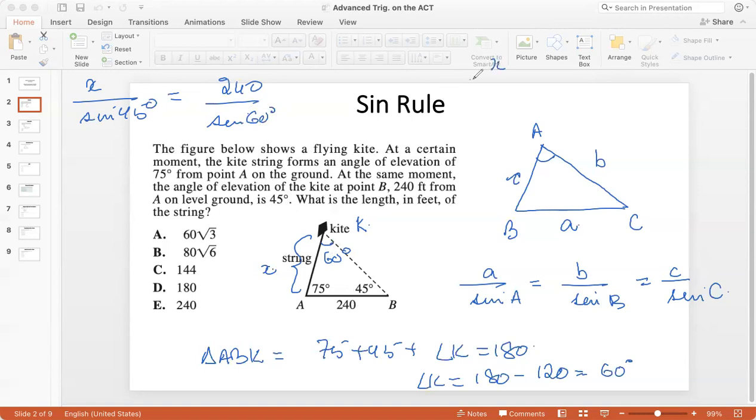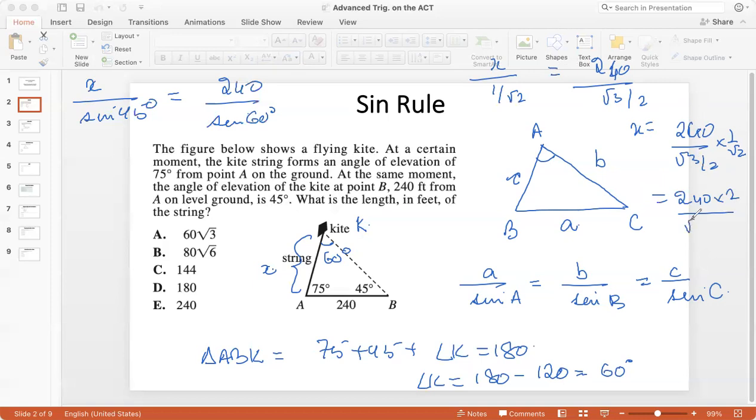So x divided by 1 by root 2, since sine 45 is 1 by root 2, is 240 divided by root 3 by 2, since sine 60 is root 3 by 2. So x is 240 divided by root 3 by 2 into 1 by root 2. So that's 240 into 2 divided by root 3 into root 2.